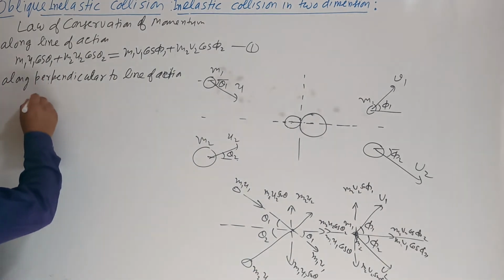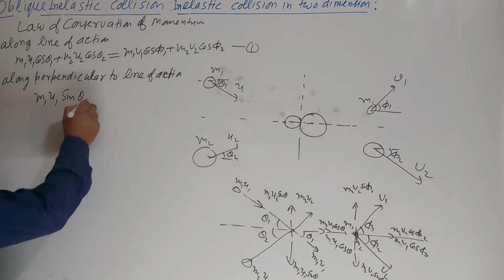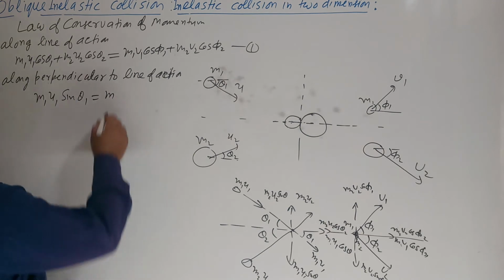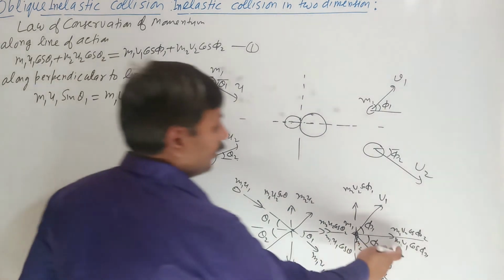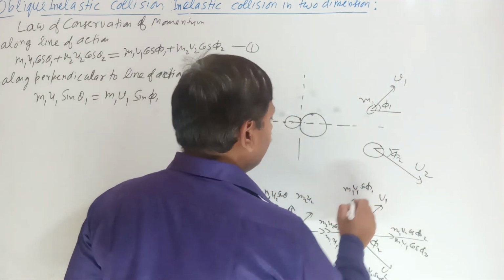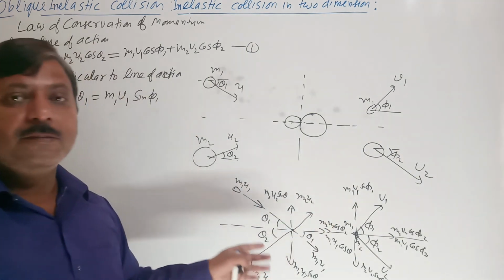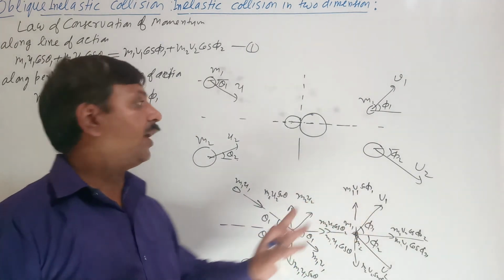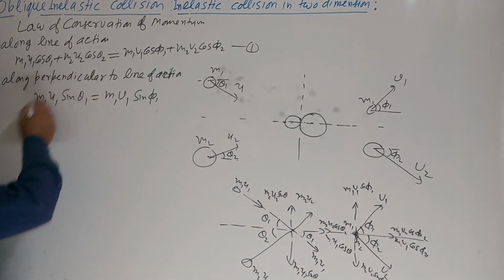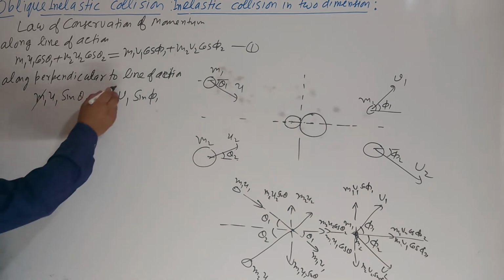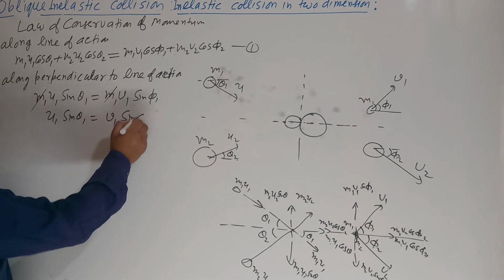So M1 U1 sin theta 1 is equal to M1 V1 sin phi 1. Here also M1 we can cancel. Take U1 sin theta 1 is equal to V1 sin phi 1. This is the second equation.